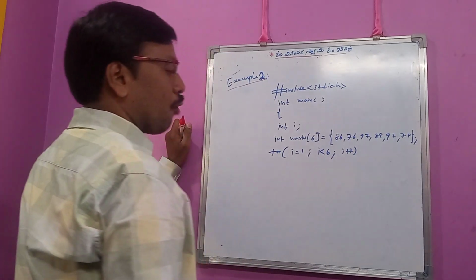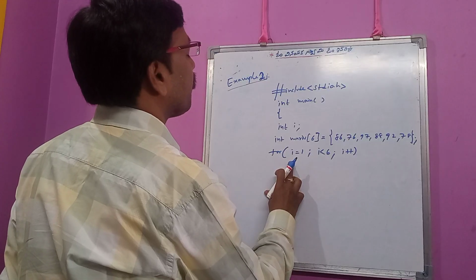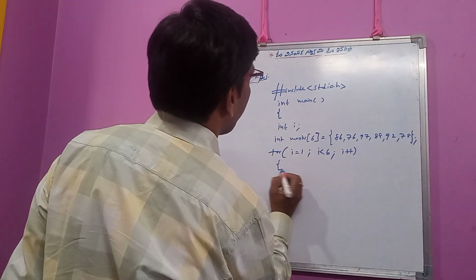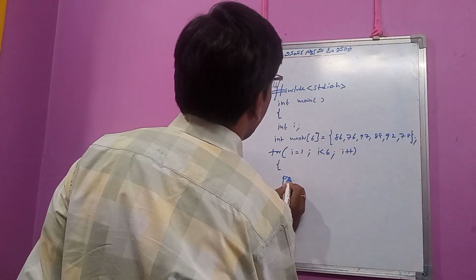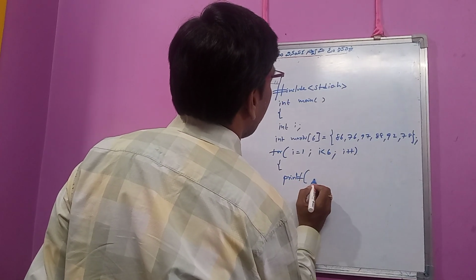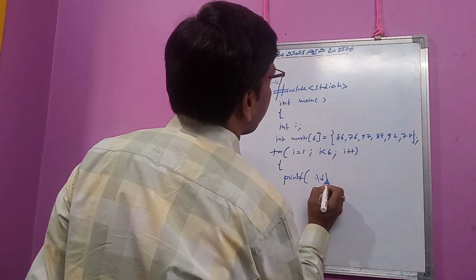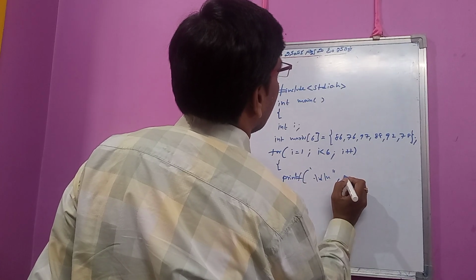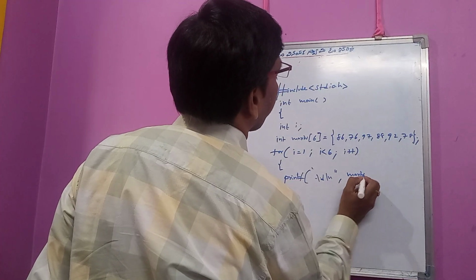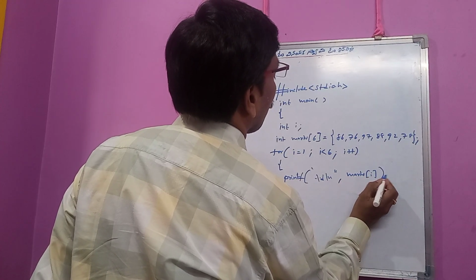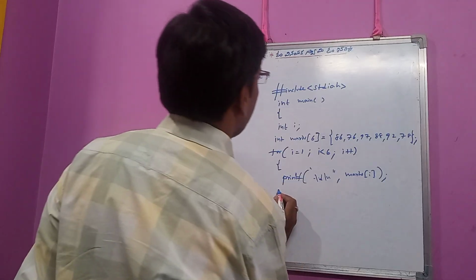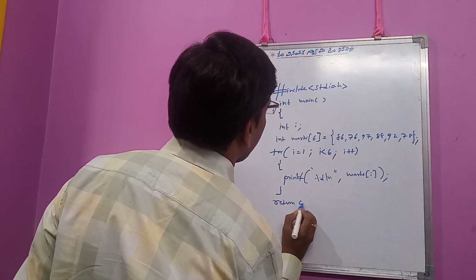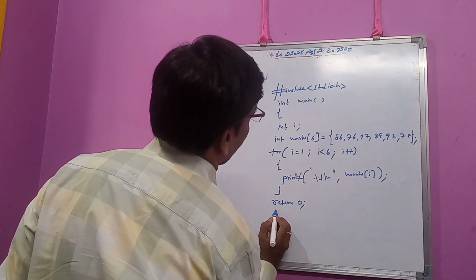Three operations are performed in for loop: initialization, condition, increment. Open brace, printf percentage d slash n comma marks[i]; close the brace, return 0 semicolon, close the brace.